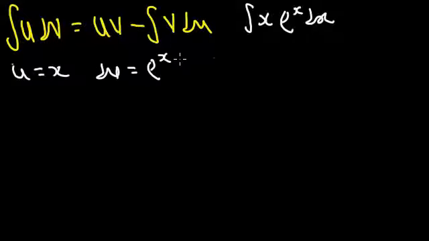Am I communicating? This makes sense because upon finding the derivative of u, we get 1, which means when we get to this point, it's very rare for us to have two different functions multiplying themselves that will need integration by parts again.